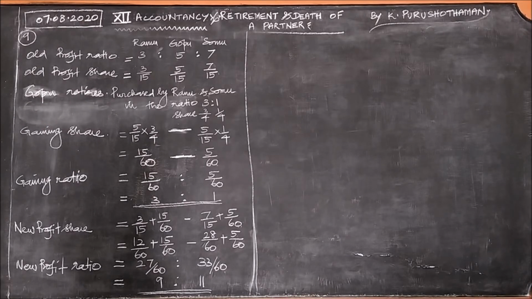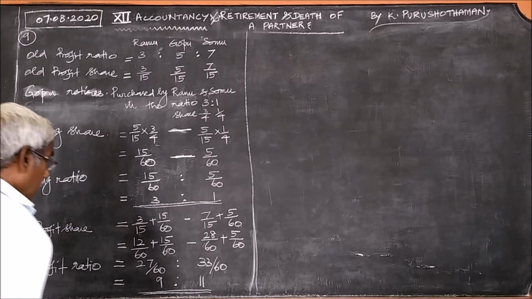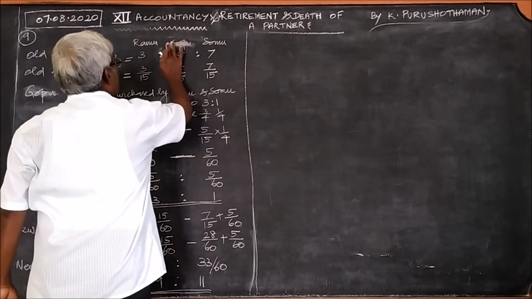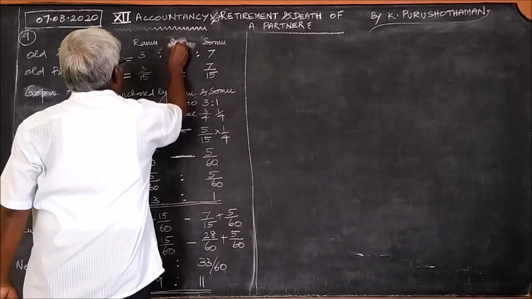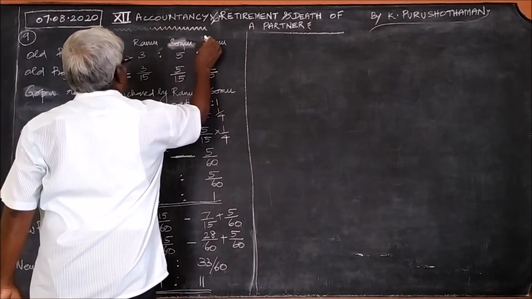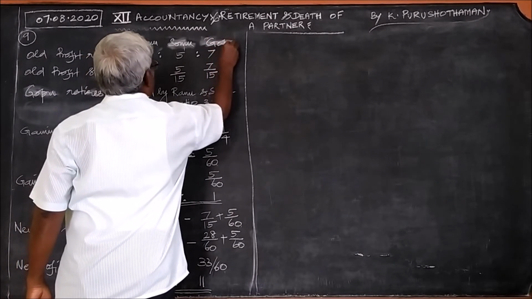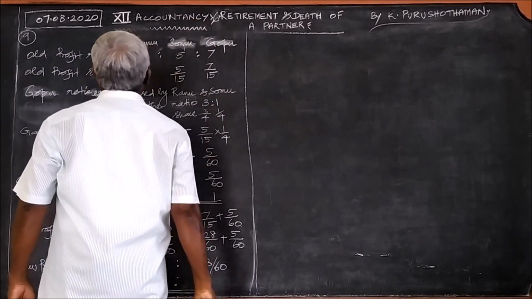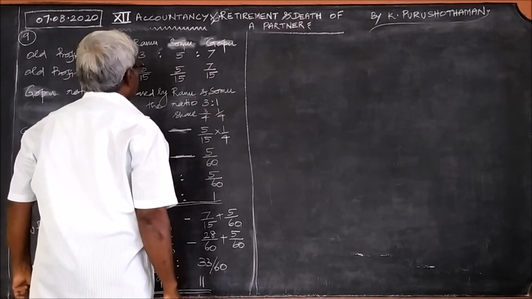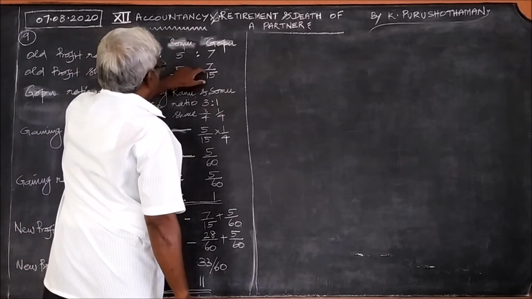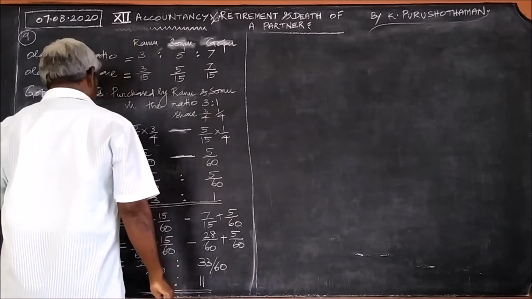Out of these three partners, Gobu retires. The name has been changed. Ramu, Somu and Gobu. This is the problem. And Gobu retires. This 7/15 share is retiring.